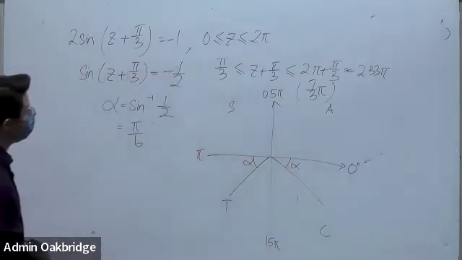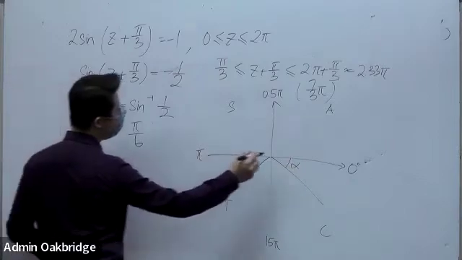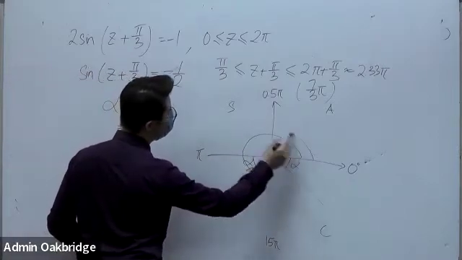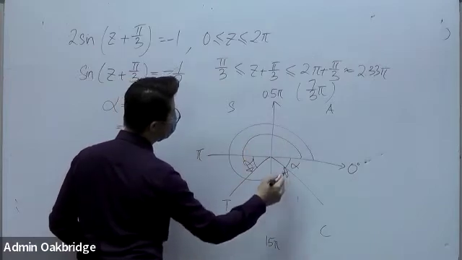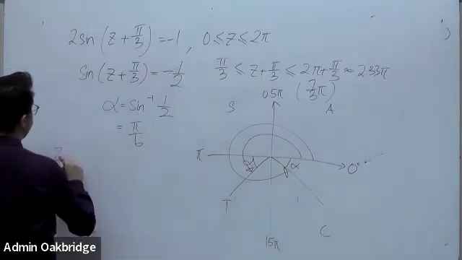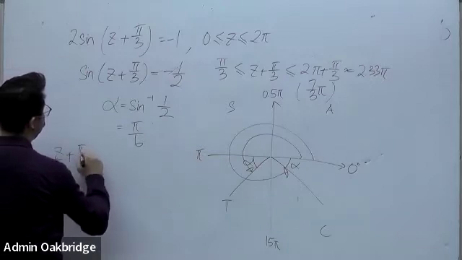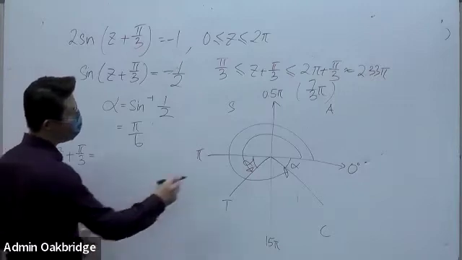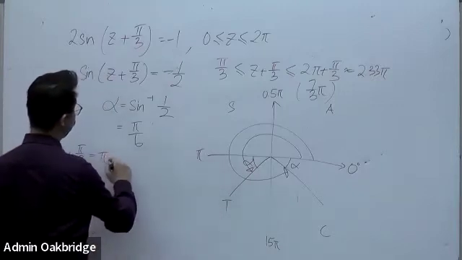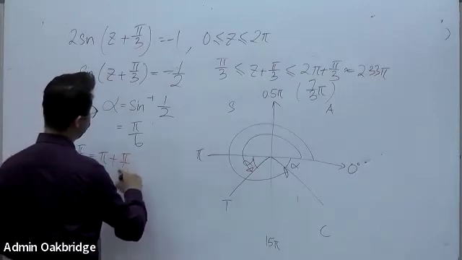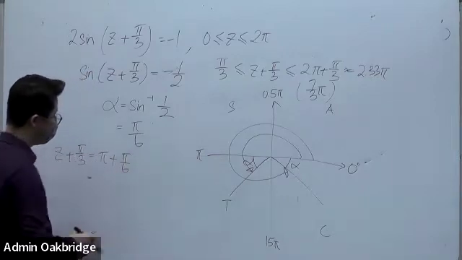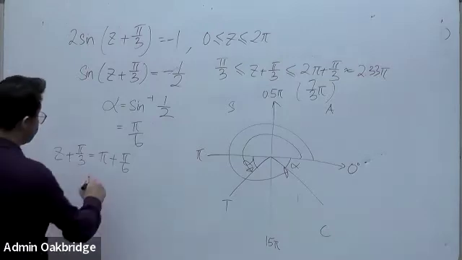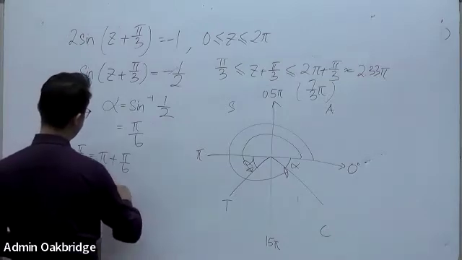Okay, so now we can find out the first angle in the third quadrant, and also the second angle in the fourth quadrant. So we are looking for this z plus pi over 3. So this one will be pi plus pi over 6. So 7 over 6 pi.